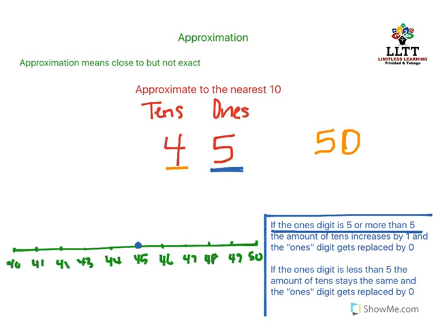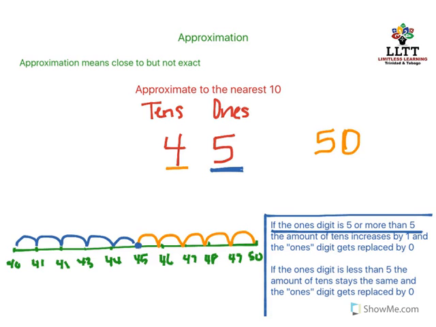If we move 5 places, 1, 2, 3, 4, 5, it's 5 away from 40, but it's also 1, 2, 3, 4, 5 away from 50. So it's right in the middle, the same distance away from 40 and from 50.